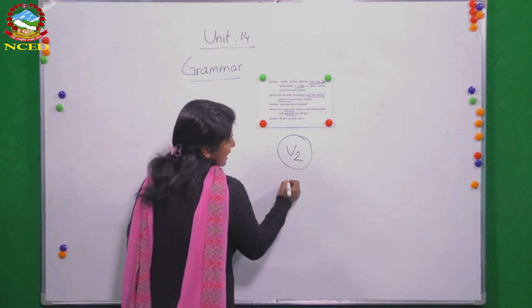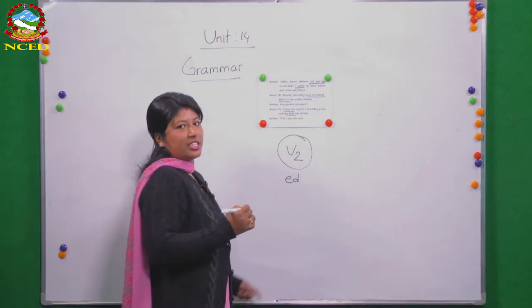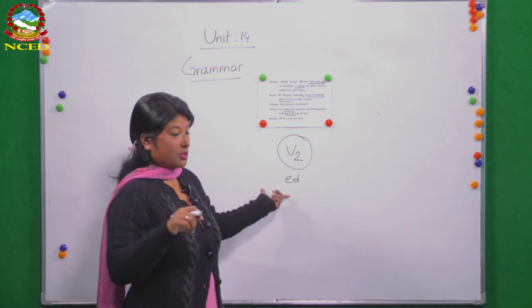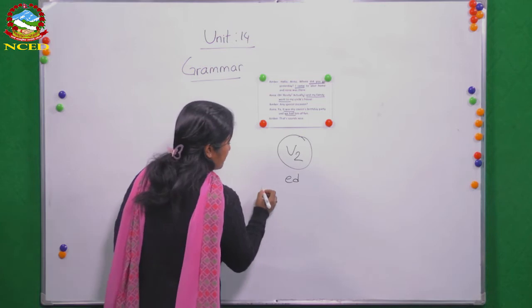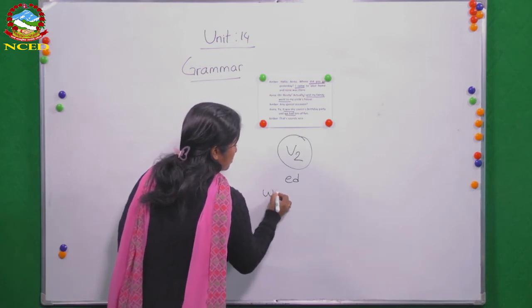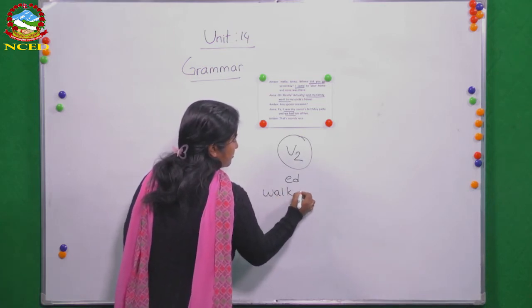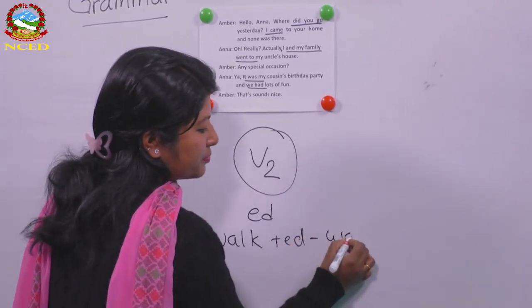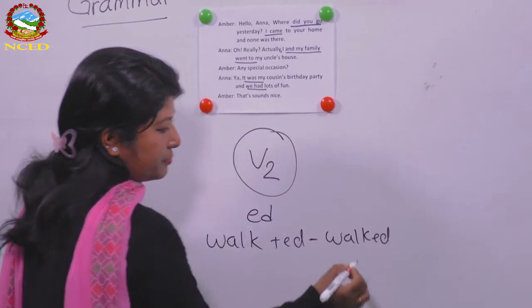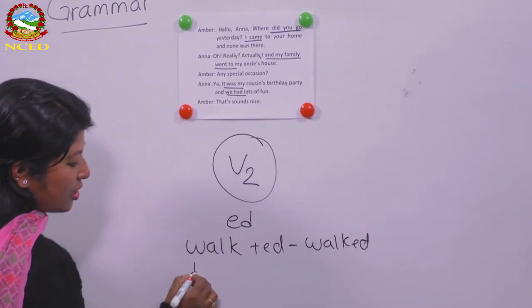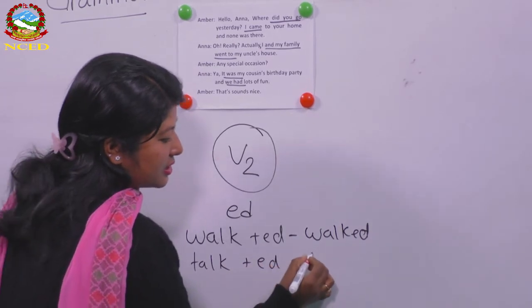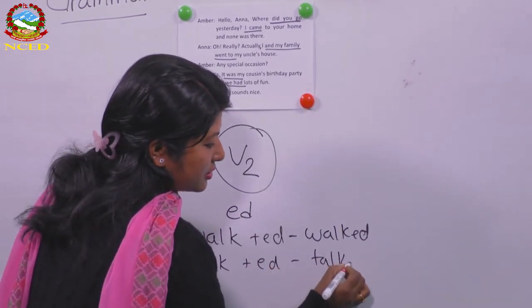Just by simply adding ed, we can change the first form of the verb to verb two. For example, walk plus ed, we can make it walked. Talk plus ed, talked.